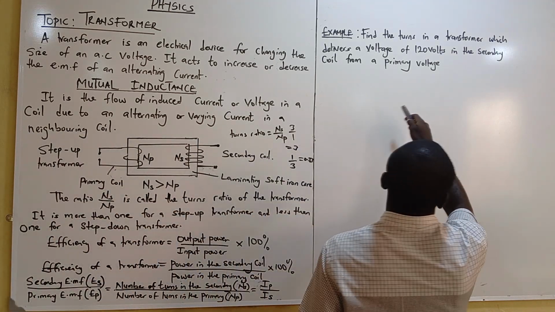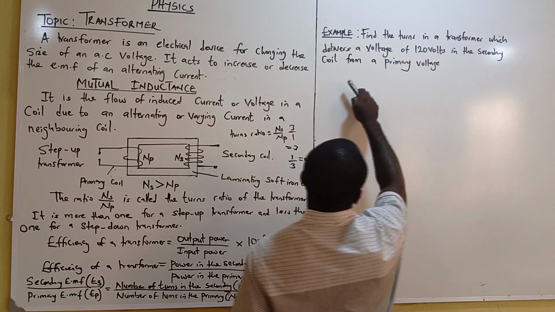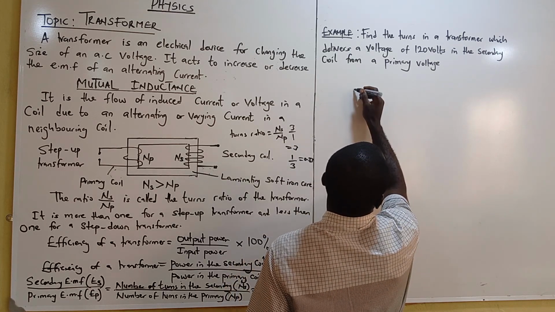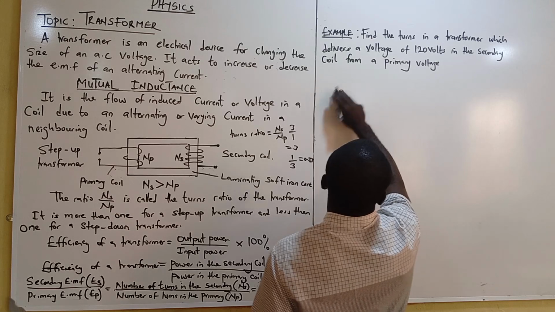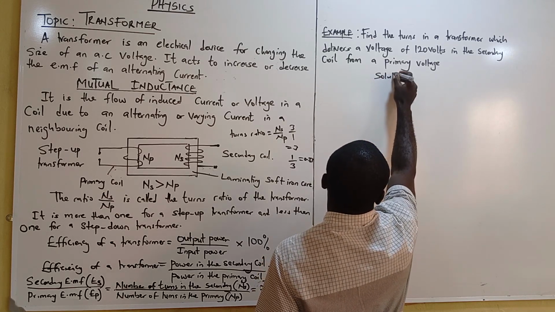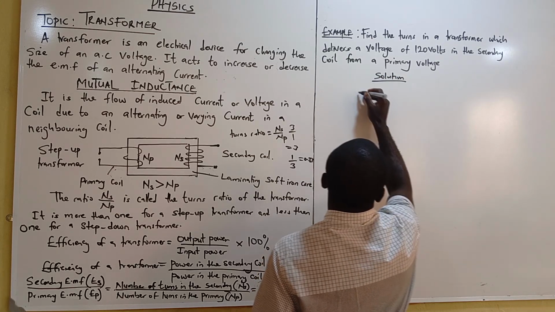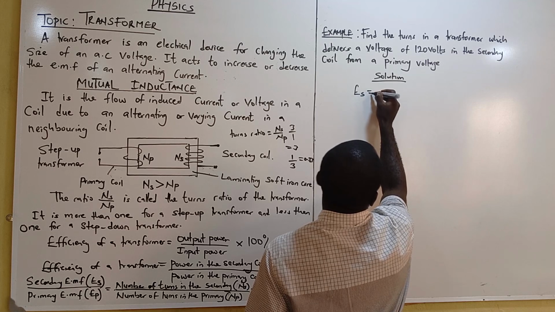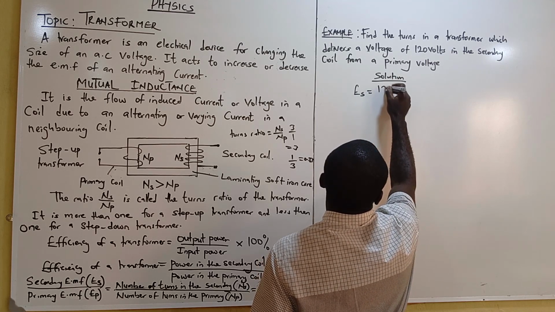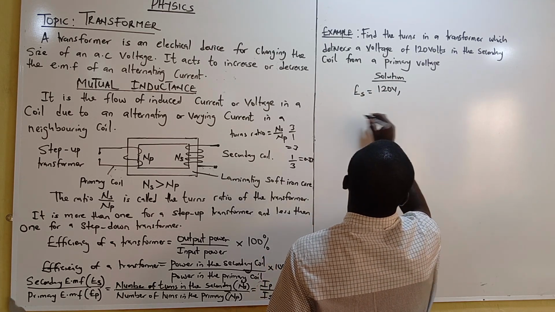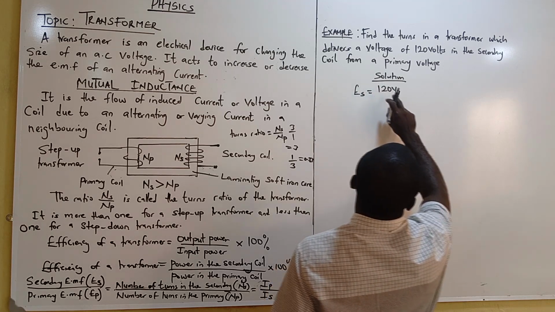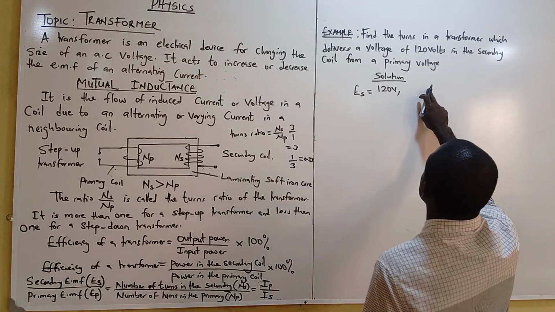Find the number of turns ratio in a transformer which delivers a voltage of 120 volts in the secondary from a primary voltage.